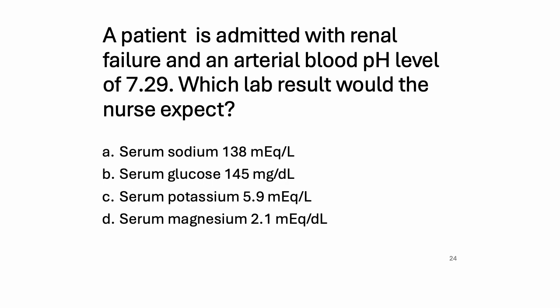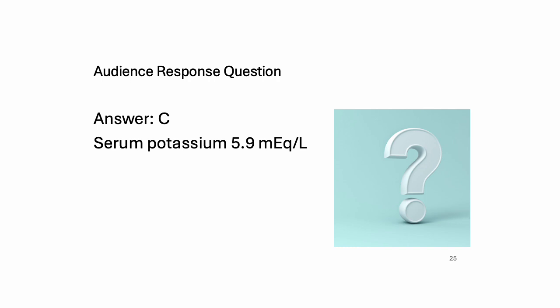When we read this question asking which lab we would expect as a nurse, we know we're looking for a high potassium level. So I know that C, serum potassium of 5.9, is what I expect for this problem, and that's correct.